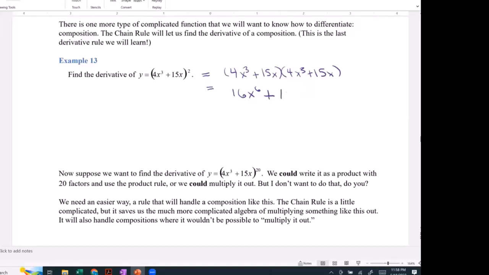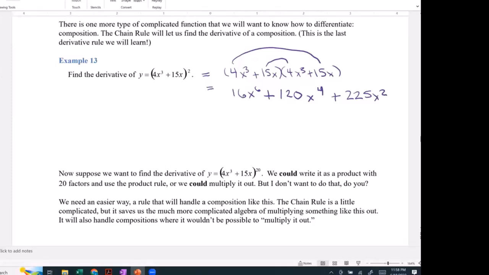So that's 120x to the 4th. That's outer times inner. And then plus last times last, which is 225x squared.